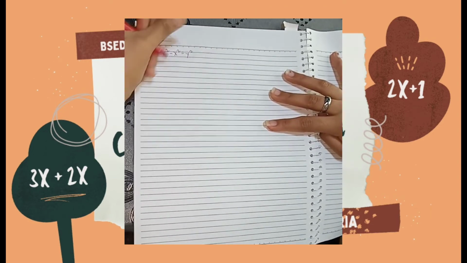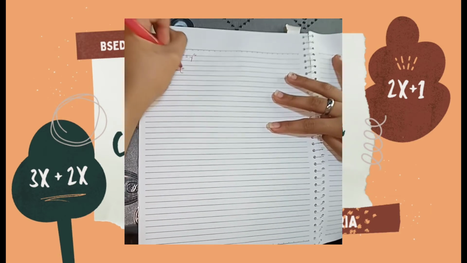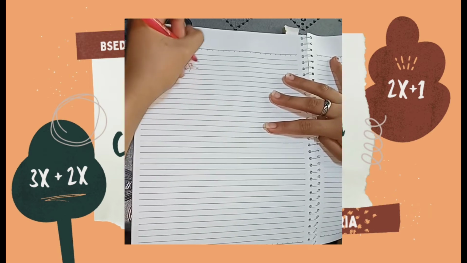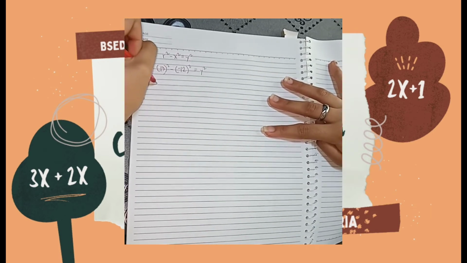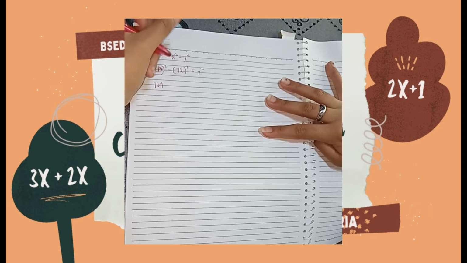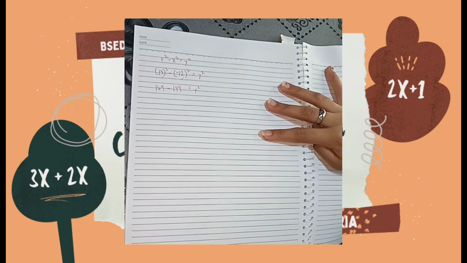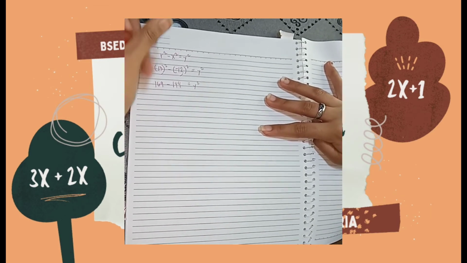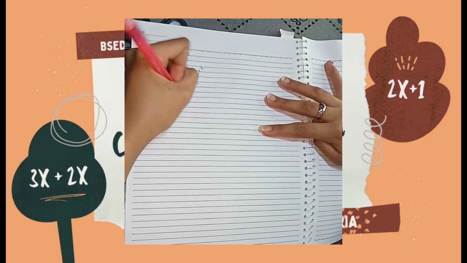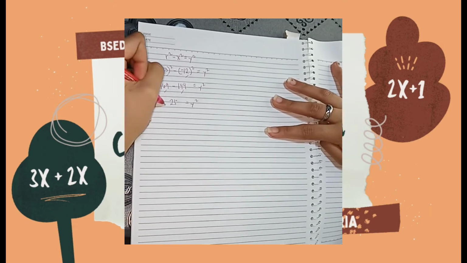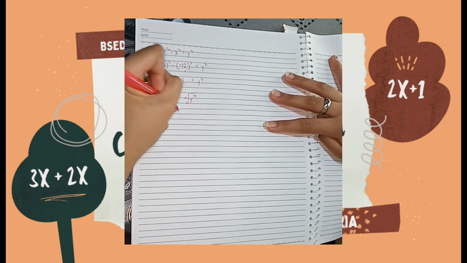Then substitute the value of r, that's 13, and for x, that's negative 12. Then 13 squared is 169, and negative 12 squared is 144. Then 169 minus 144 is 25. And to solve for y, take the square root. So y now is positive and negative 5.